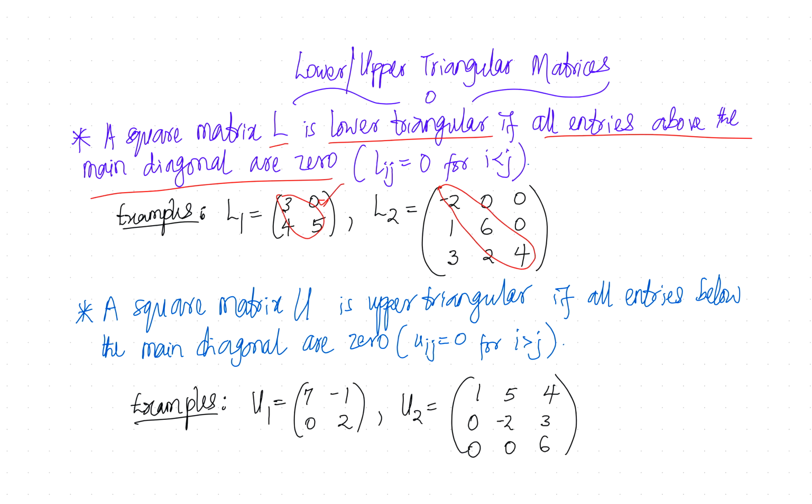Now, if you are finding it difficult to interpret this, it means that if you have IJ, then for every I less than J, you have Lij equals 0. So, for example, it cannot be element 1,1 because I and J are expected to be different. So if you have 1,2, that is 0, as far as I is less than J, so your 1 is less than your 2.